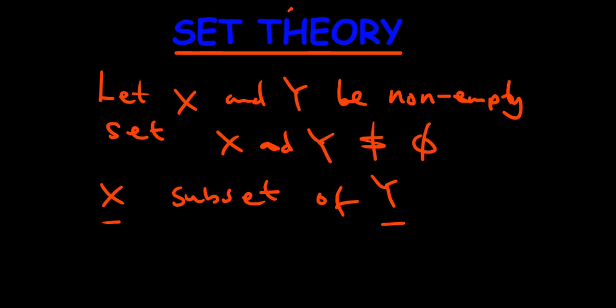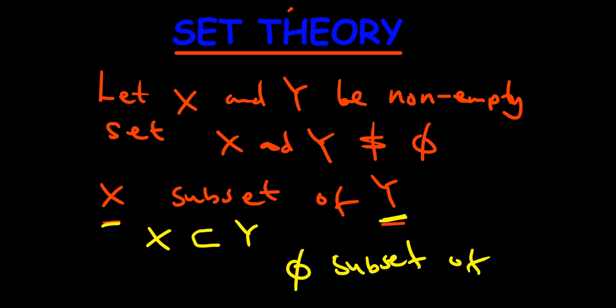So if every member of this set x is contained in that set y, then x is a subset of y, denoted as x, and this symbol here is for subset. By convention, we know that the empty set is a subset of every set.